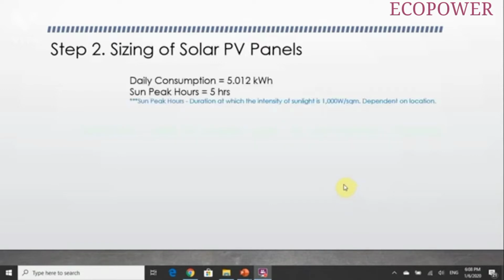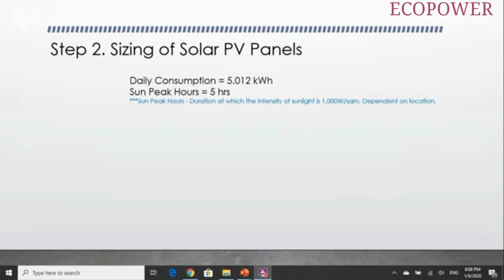Next step is sizing of the solar PV panels. Now that we have calculated how much power we consume daily, you will also need to determine how much sun your location is getting, or what we call the sun peak hours.